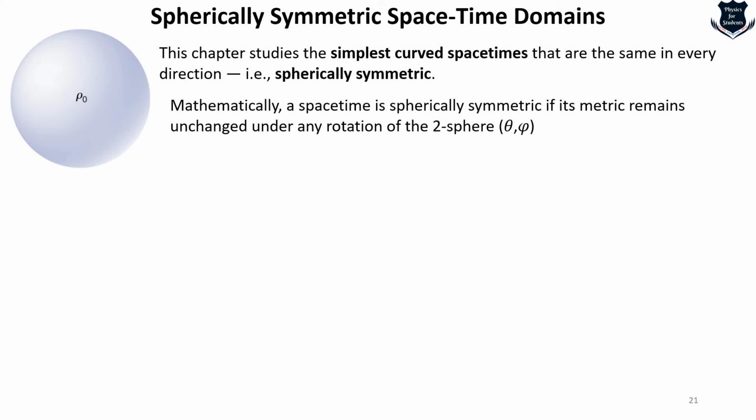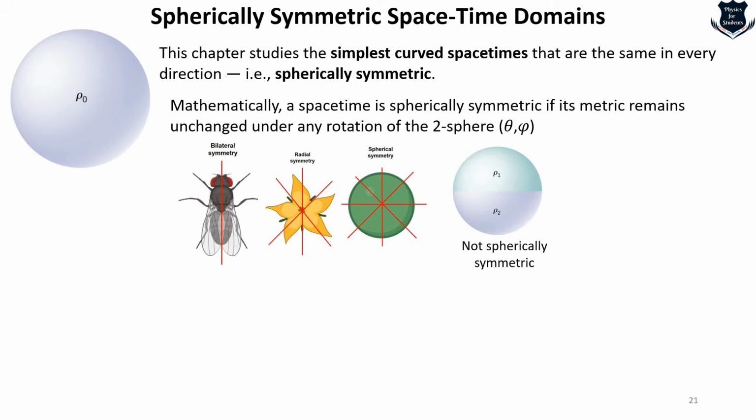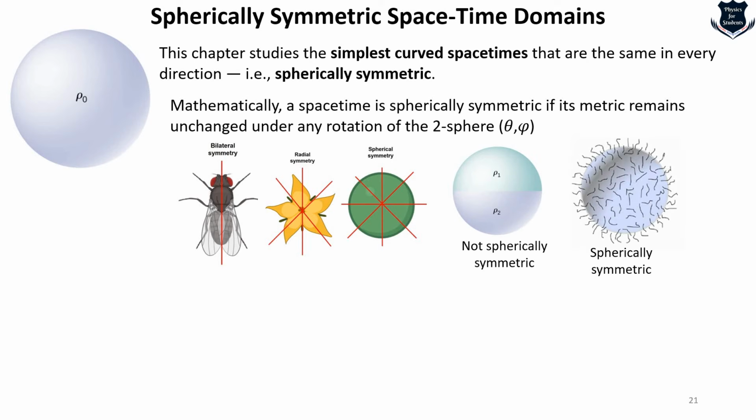Okay, let me show you something interesting. This is bilaterally symmetric, this is radially symmetric, and this is spherically symmetric. This one is again not spherically symmetric because we have a division in between, but this one is spherically symmetric. So spherically symmetric means its metric remains unchanged under any rotation of the two-sphere, technically speaking.